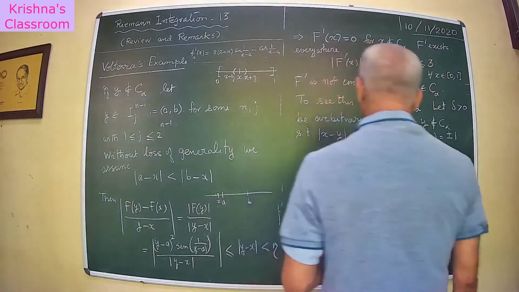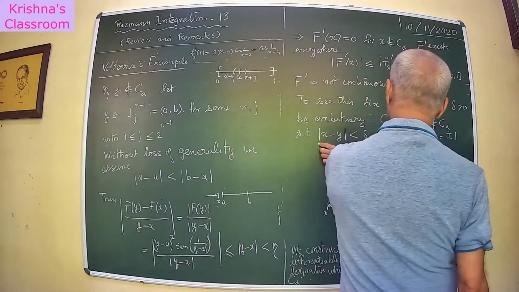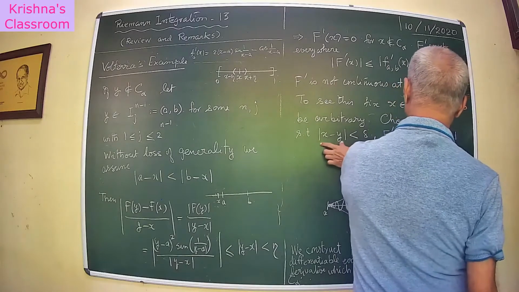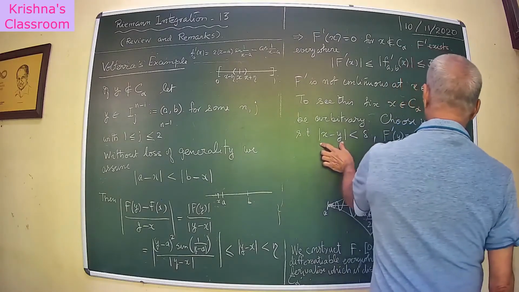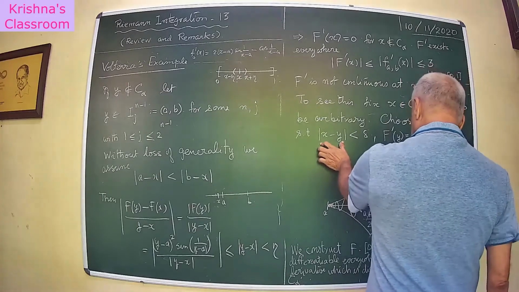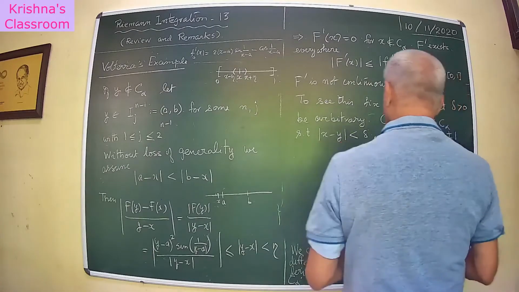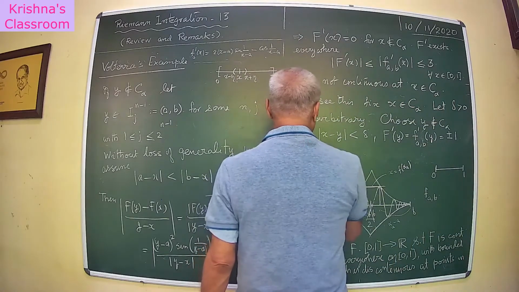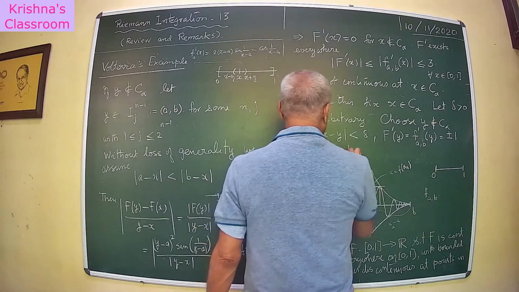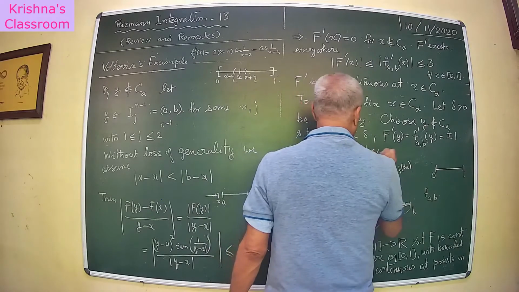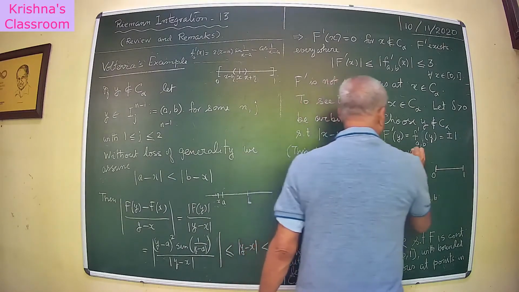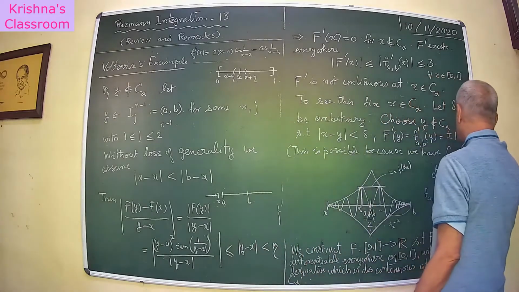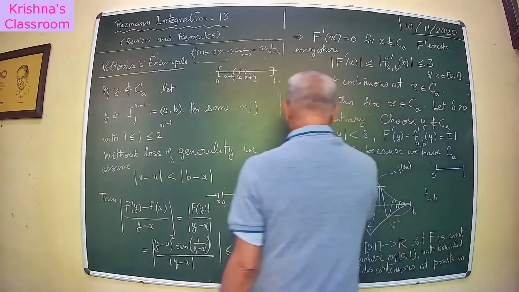Now here we have used a fact. You can choose y with mod x minus y less than delta, and y not in C alpha. That is possible because we have assumed that C alpha is nowhere dense.